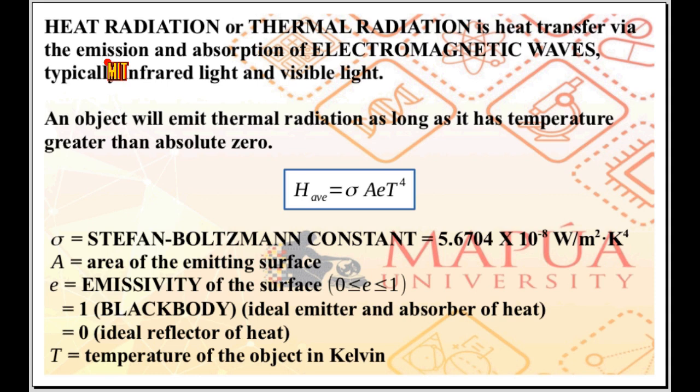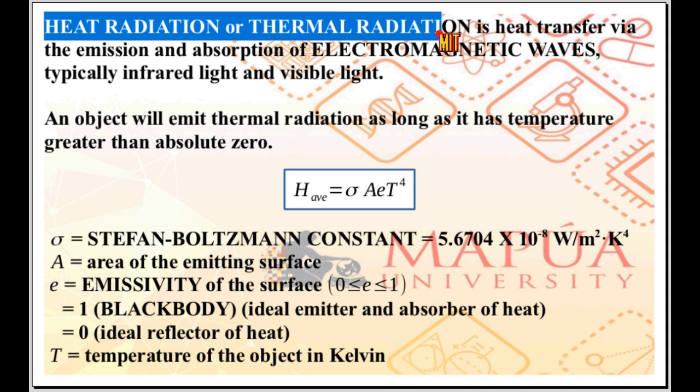Aside from the heat transfer mechanisms of heat conduction and heat convection, we have heat radiation or thermal radiation. Heat radiation is heat transfer via the emission and absorption of electromagnetic waves.